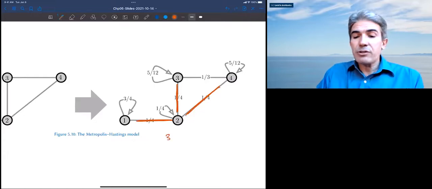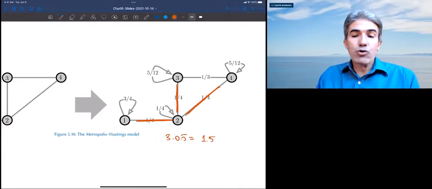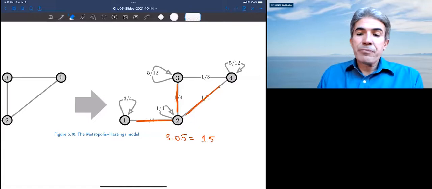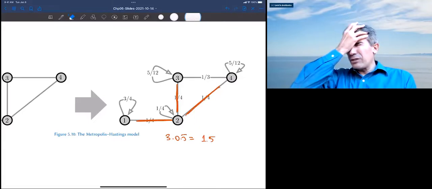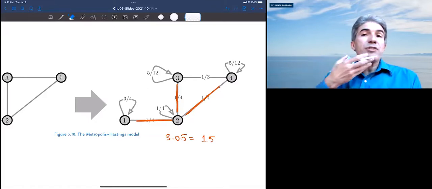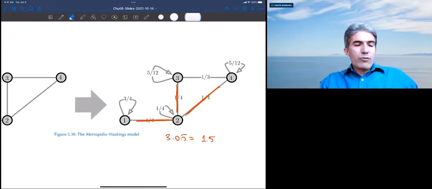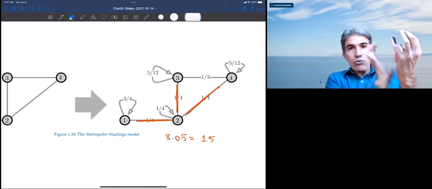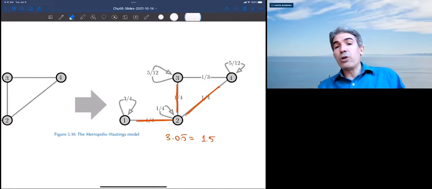Now 3 times 0.5 is equal to 1.5. Too much. You cannot construct a stochastic matrix applying 0.5 to those edges. So in other words, if your attempt is giving equal weight for any 2 nodes where there is an edge, I just need to be careful that that weight is not too large.